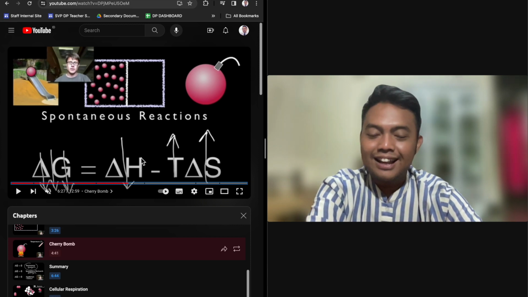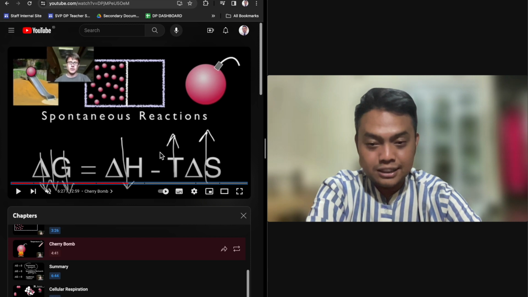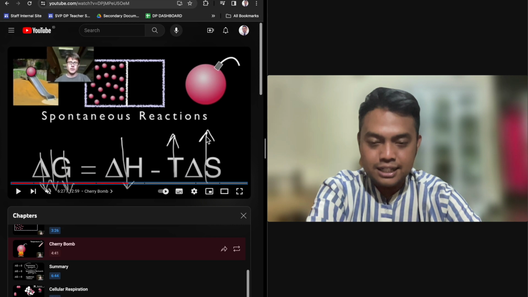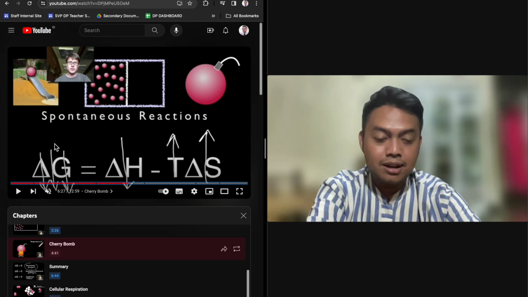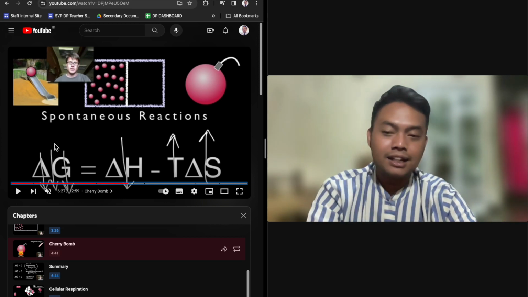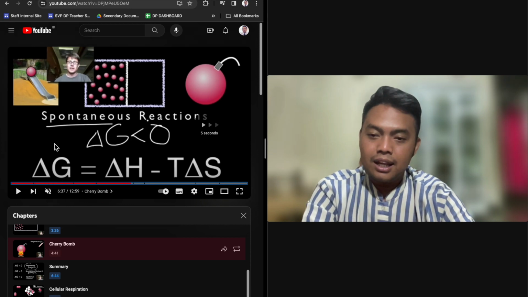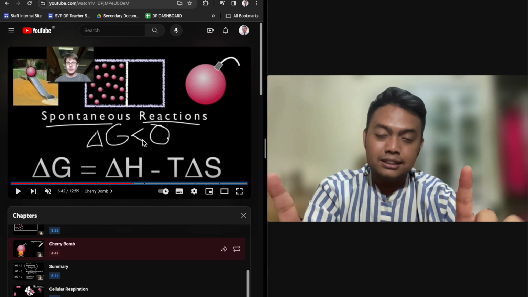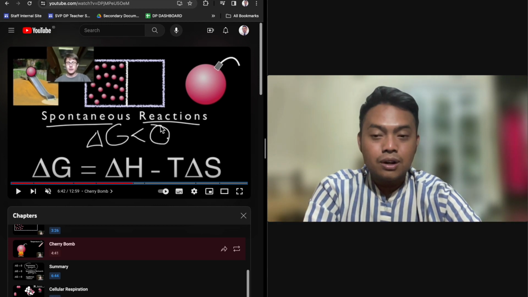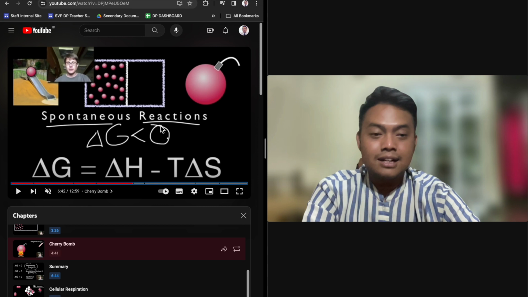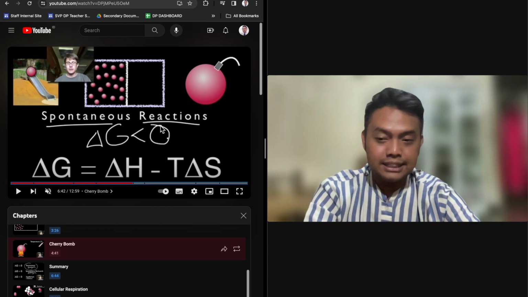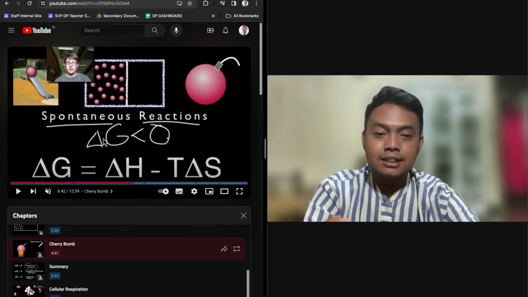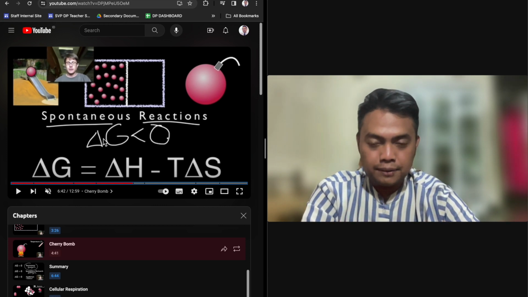Now if you combine this algebra, you decrease this, you increase this part, delta G will be low or negative. That's why this is the key. If the value of delta G is less than 0, it means that the reaction is spontaneous. If the delta G is more than 0, it means it's not spontaneous reaction.